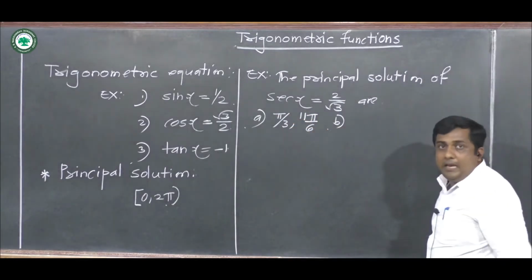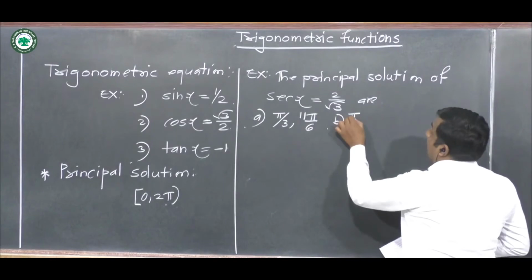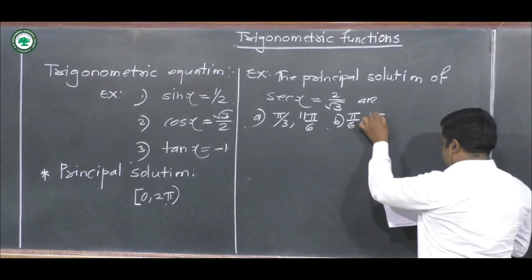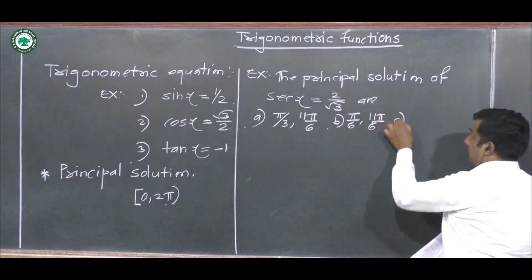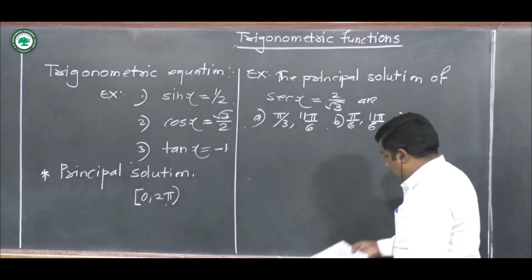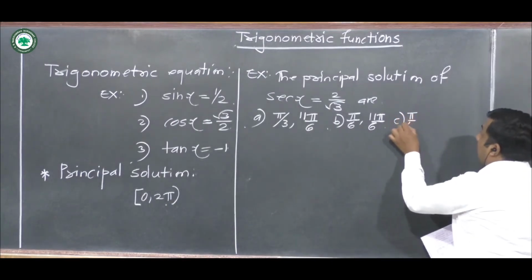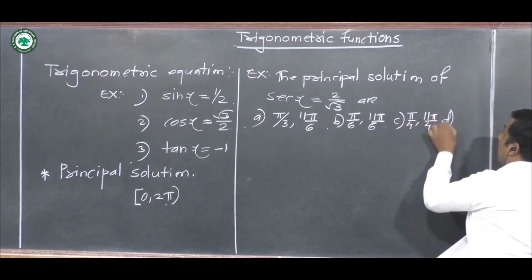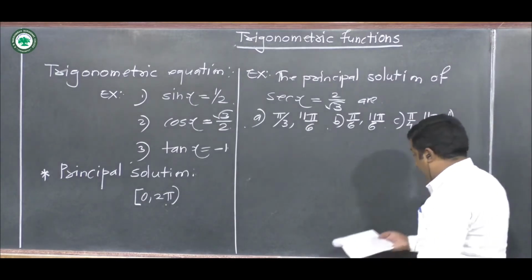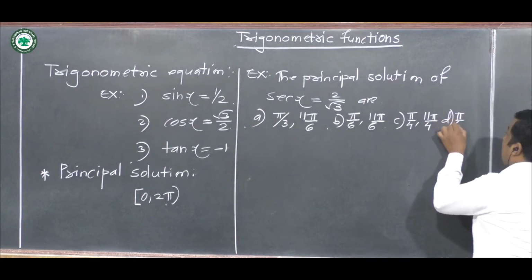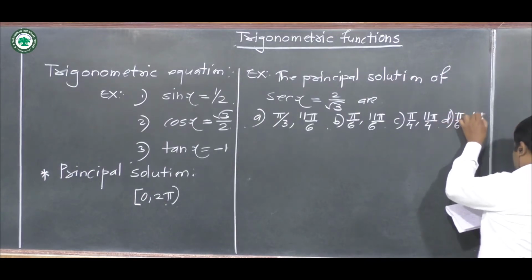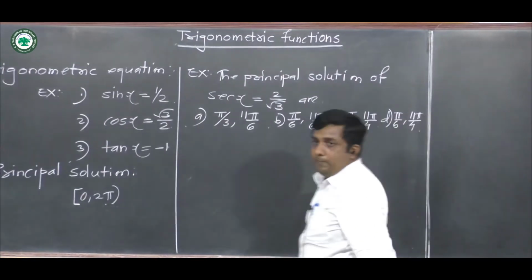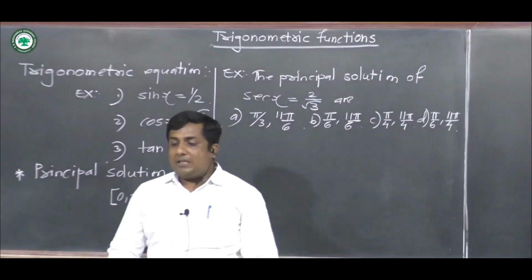In B, pi by 6 and 11 pi by 6. Then in C, pi by 4 and 11 pi by 4, and in the last, pi by 6 and 11 pi by 4.